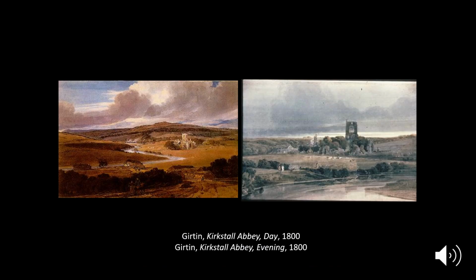I'm showing you two images from another travel log, this by Gilpin. The aesthetic of the picturesque involves irregular outlines, variegated surfaces, often a serpentine path going through the landscape.